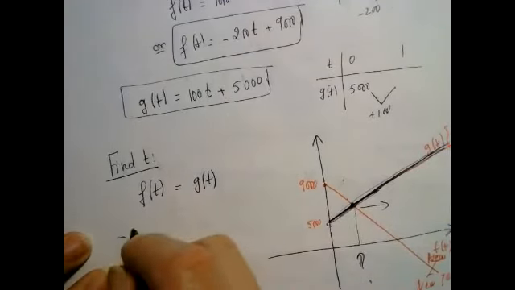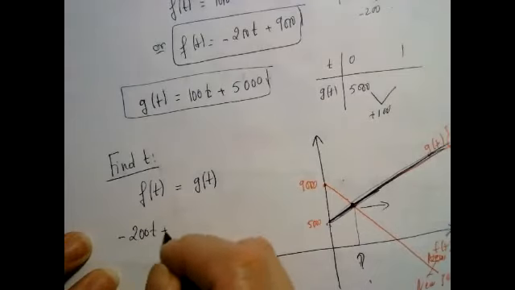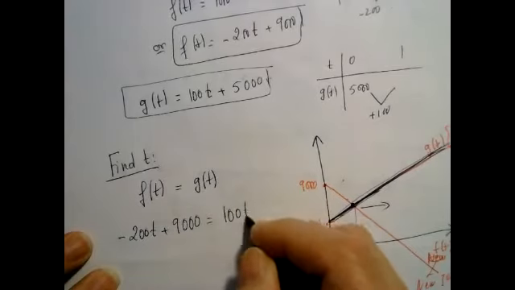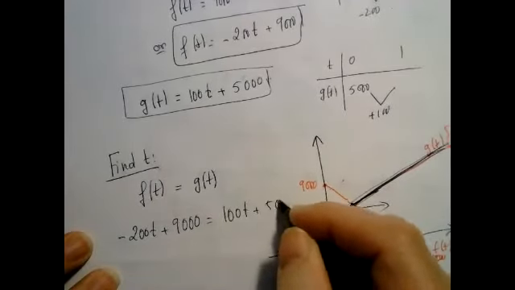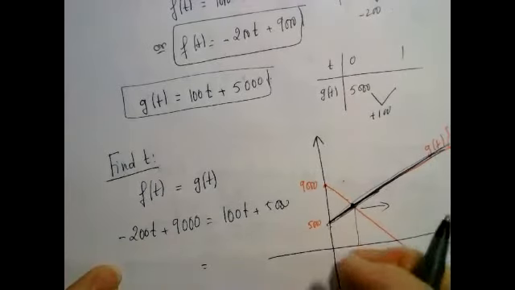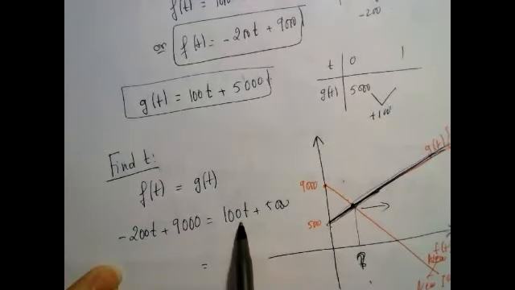So f of t is minus 200t plus 9,000. And this is 100t plus 5,000. So when I say, when they will catch up with each other, now we solve for t. To solve for t, I have to put the t's together, minus 200. So I'm going to add 200t to both sides.